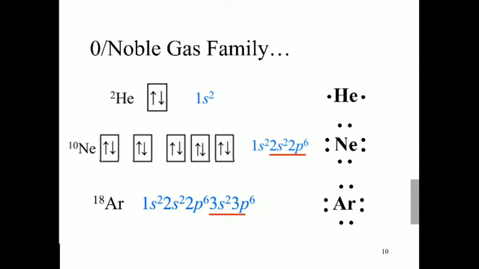But they have the same number of valence electrons. So just add up the number of electrons in the orbitals in the same outermost energy level. So in the case of neon, we have s and p in the same energy level 2. So you just add up 2 and 6 to have 8 valence electrons. And then you surround the symbol with 8 dots to represent the 8 valence electrons.